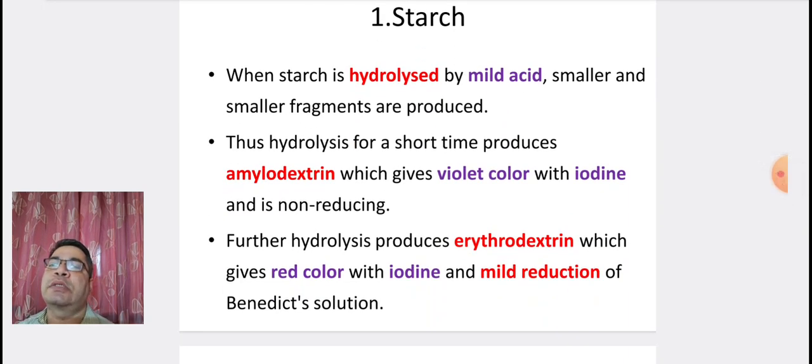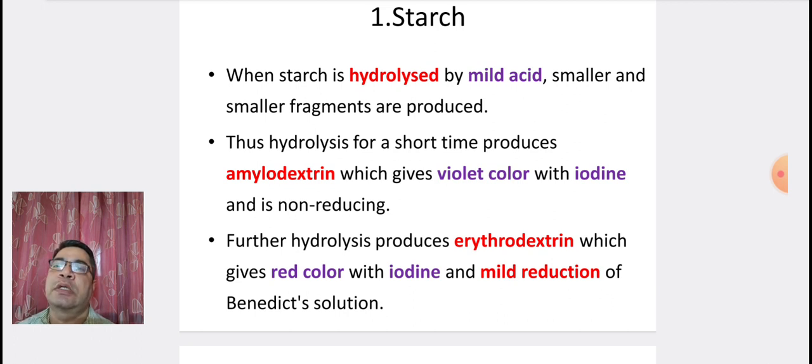When starch is hydrolyzed with a mild acid, smaller and smaller fragments are produced. Thus, hydrolysis for a short time produces amylodextrin, which gives violet color with iodine and is a non-reducing sugar.